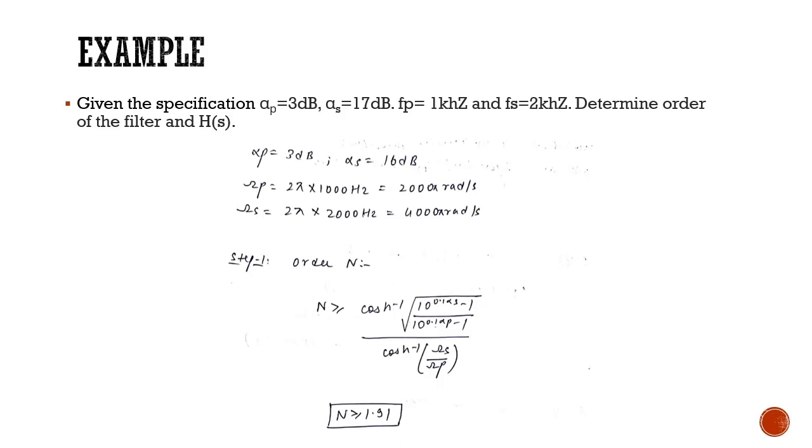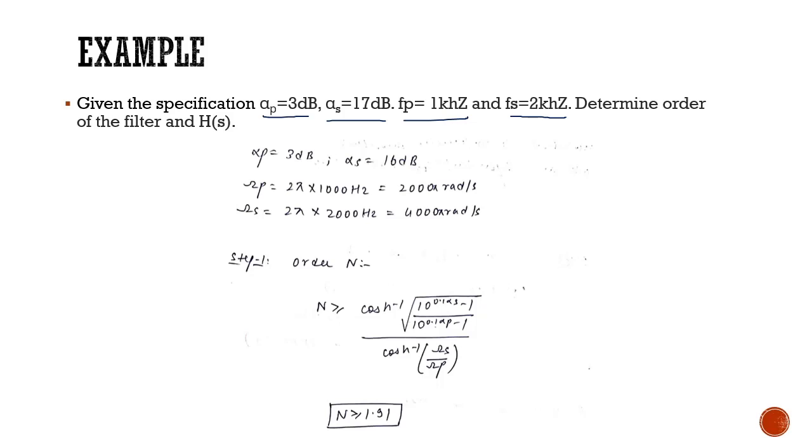Now moving to our example case, which will help us further understand how exactly we design a Chebyshev filter. Given the specification, alpha p is equal to 3 decibels, alpha s is 17 decibels, fp is 1 kilohertz, and fs is 2 kilohertz.